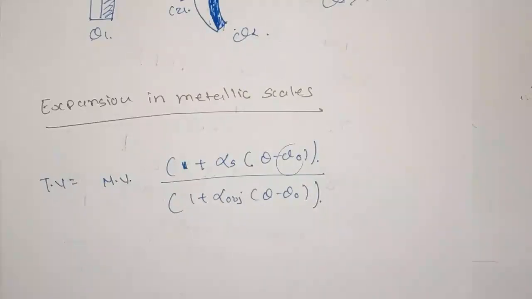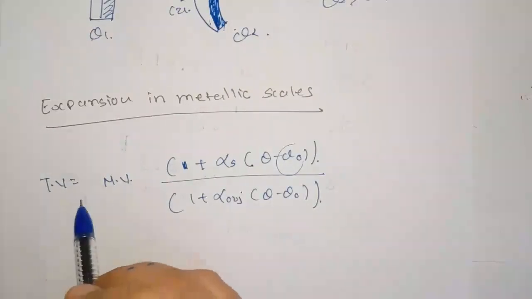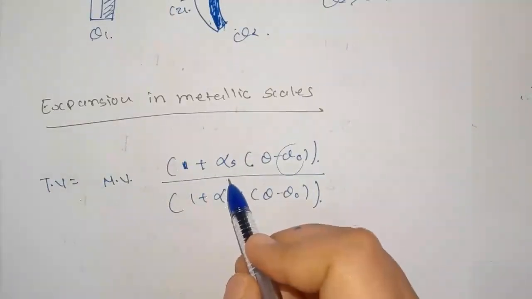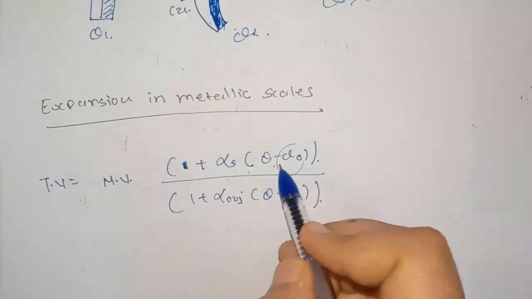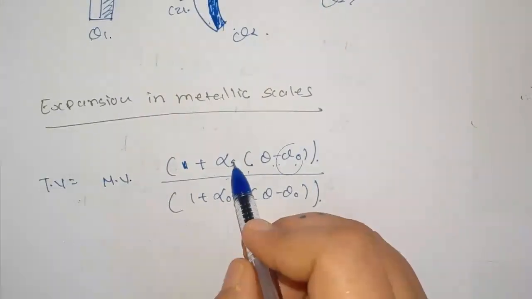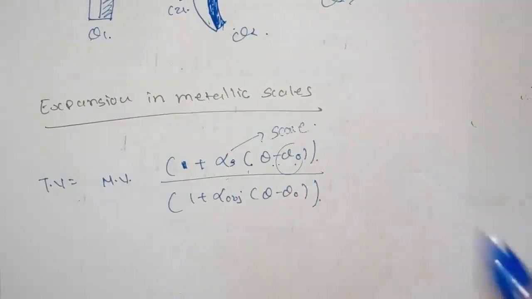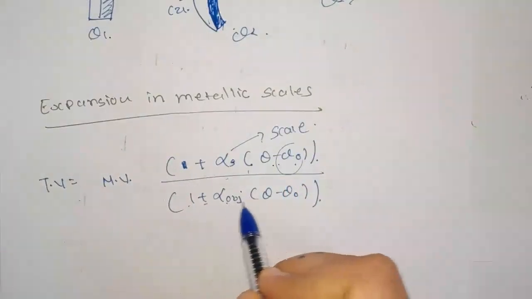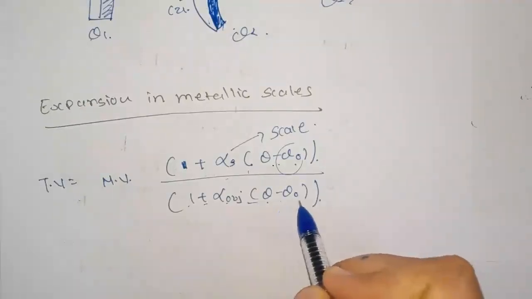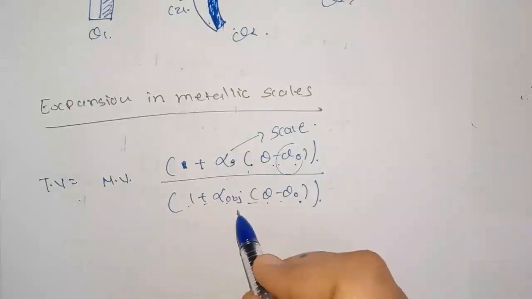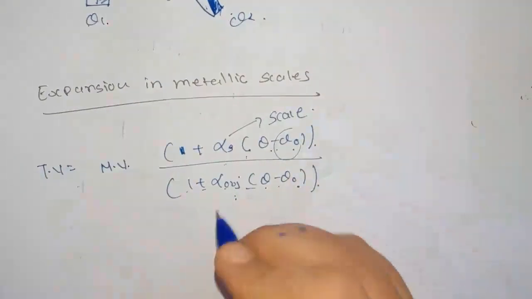Also, if the measured object also expands on heating, then the true value can be written as measured value into (1 plus alpha s into (theta minus theta naught)), where alpha s is of scale, divided by (1 plus alpha object into (theta minus theta naught)). If the given object is of wood, then alpha object will be 0.